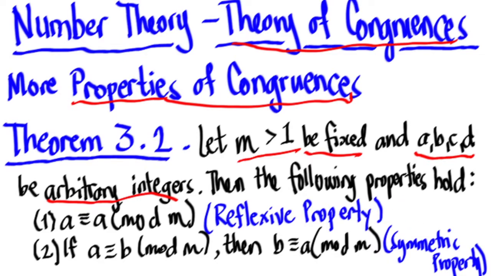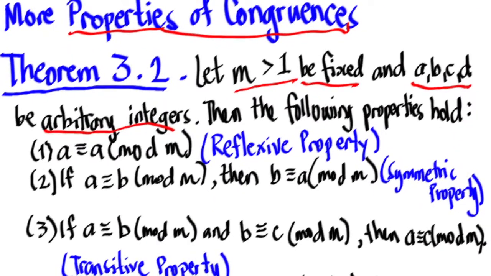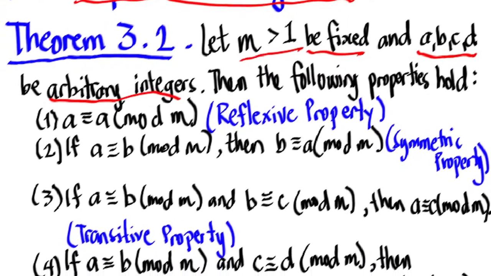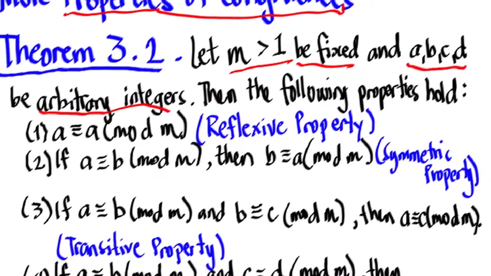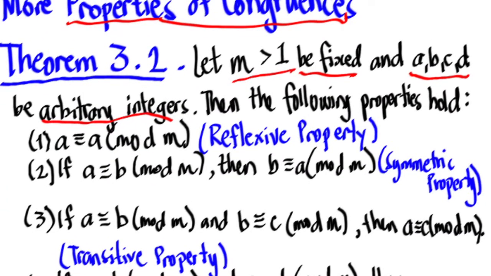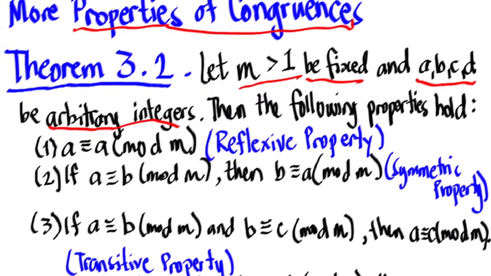Like I said, we have six properties here. Let's discuss first the first three. The first three properties here are the very basic ones. We have the reflexive property, the symmetric property, and the transitive property. For the reflexive property, just like in our properties of equality, we say that a is congruent to a mod m.